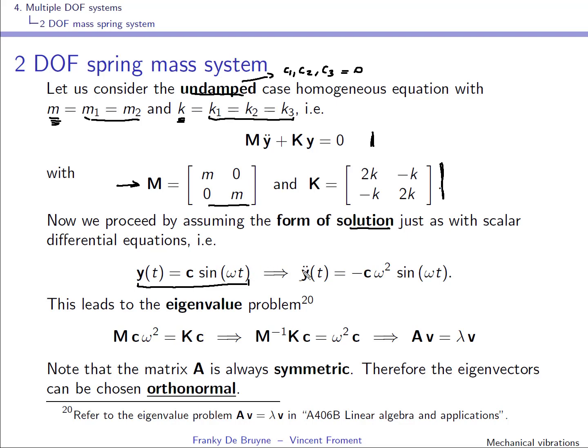So we can take the second derivative: sine, derivative cosine, derivative minus sine, this is why you have the minus, and each time that you take one derivative, it's times omega. You do that twice, so omega squared. So if you plug these two in this equation over here, you'll be able to remove the sines.